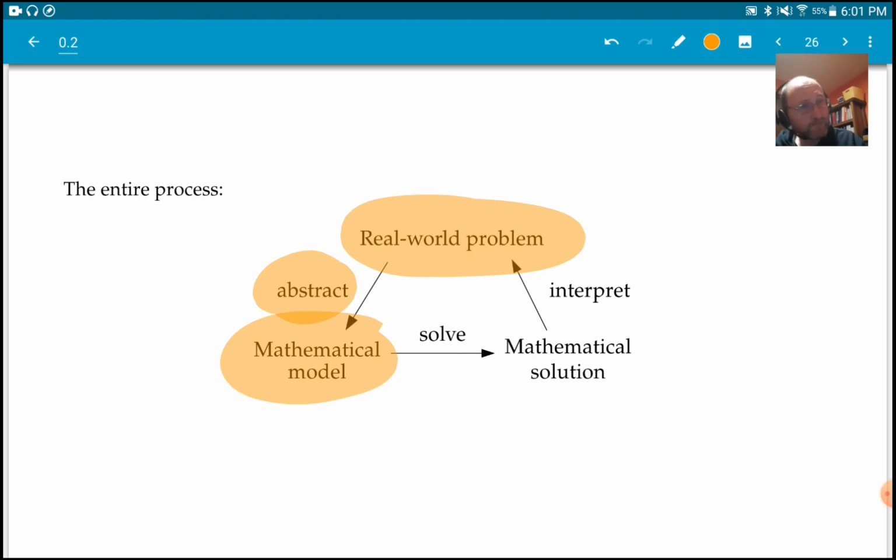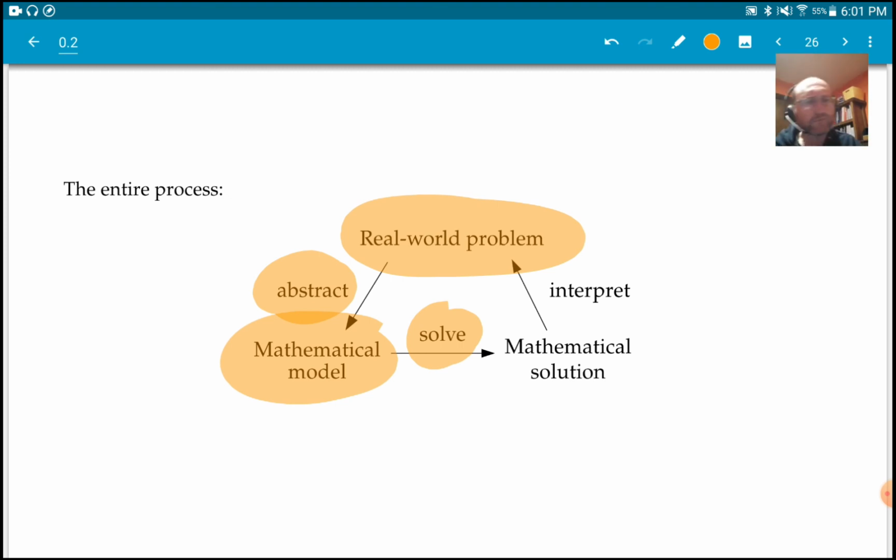Now, with that mathematical model, you can sort of forget about the real world problem, although maybe you shouldn't always completely forget about it. It might help you have intuition, but now you're in the land of mathematics, right? And here we want to somehow solve it. You want to find a solution, either numerical or exact analytic.